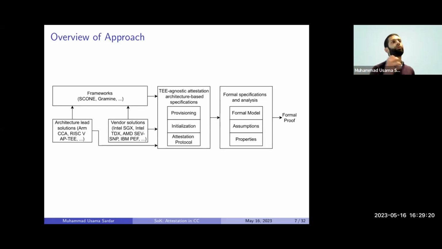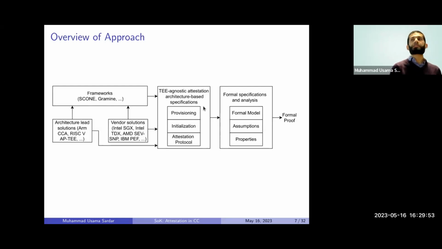Provisioning, starting from the point when the device was manufactured by the manufacturer and some secret was embedded into it, and going up to the process of being put into the cloud, which is the attestation protocol I described, which happens when a relying party connects to the workload in the cloud. And in between, there is a process of initialization, which is a setup phase with some one-time initialization steps taken by the cloud provider.